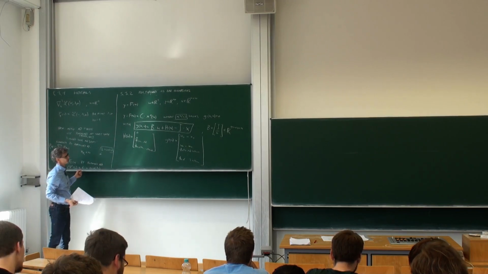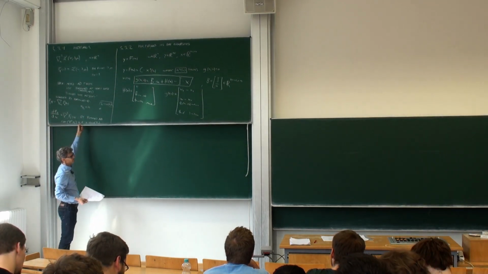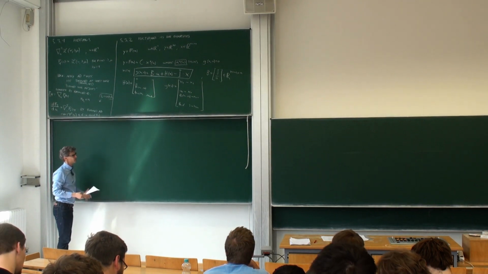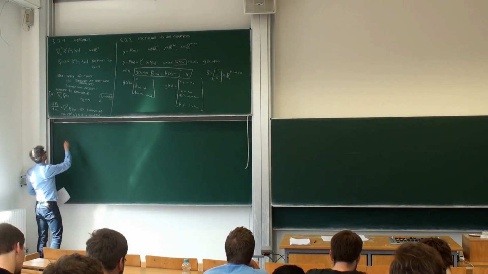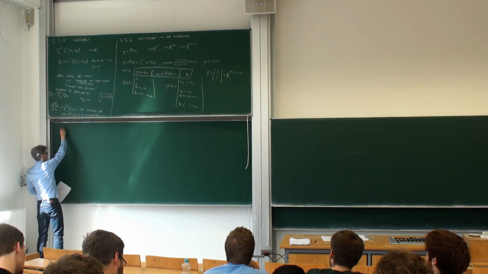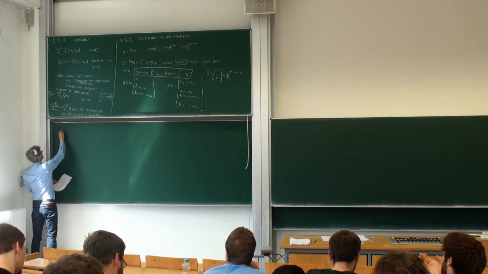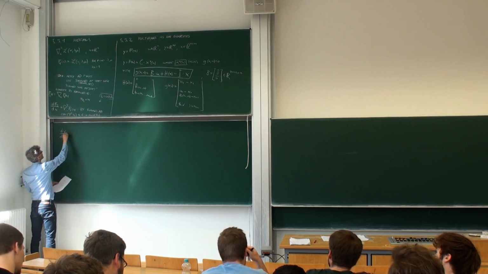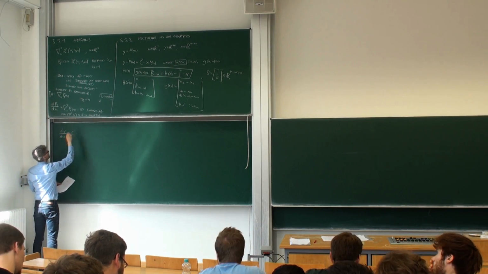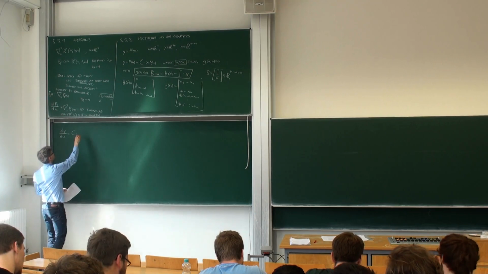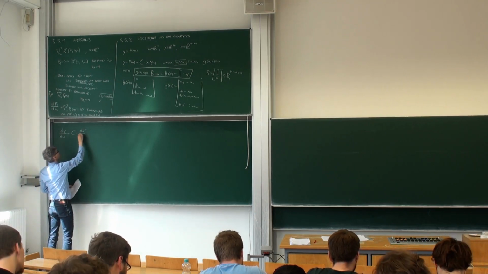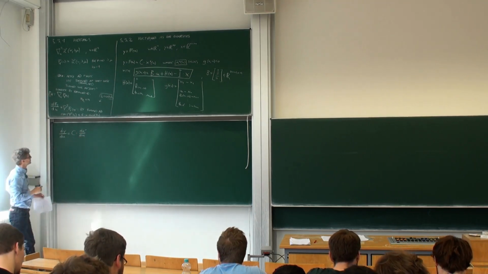So now what do we know about derivatives? dy by du would be given by c times the derivative of dx star by du, right?